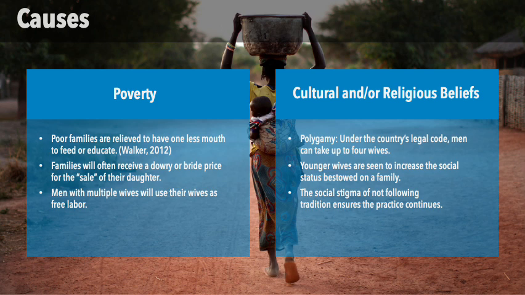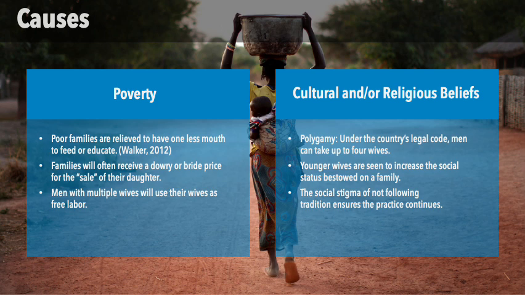There are also cultural and or religious beliefs that are in play here. Polygamy is pretty big in these countries. And under the country's legal code, men can take up to 4 wives and oftentimes do so, if not more. Younger wives are seen to increase the social status bestowed on a family.